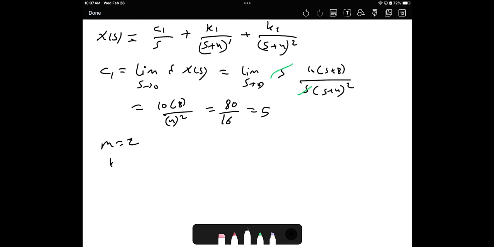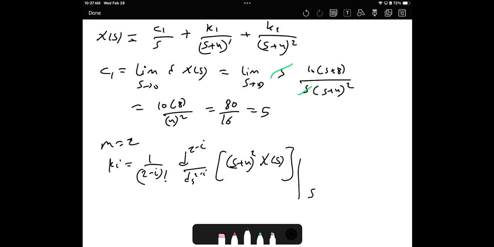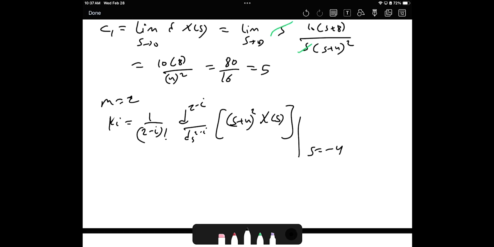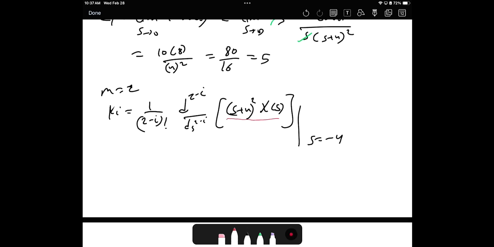Then we will say ki equals 1 over (2 minus i) factorial times d to the 2 minus i over ds to the 2 minus i of (s plus 4) squared times x of s, substituted when s equals negative 4. That's our formula. Now, let's see (s plus 4) all squared times x of s, that is (10s plus 8) over s times (s plus 4) squared.